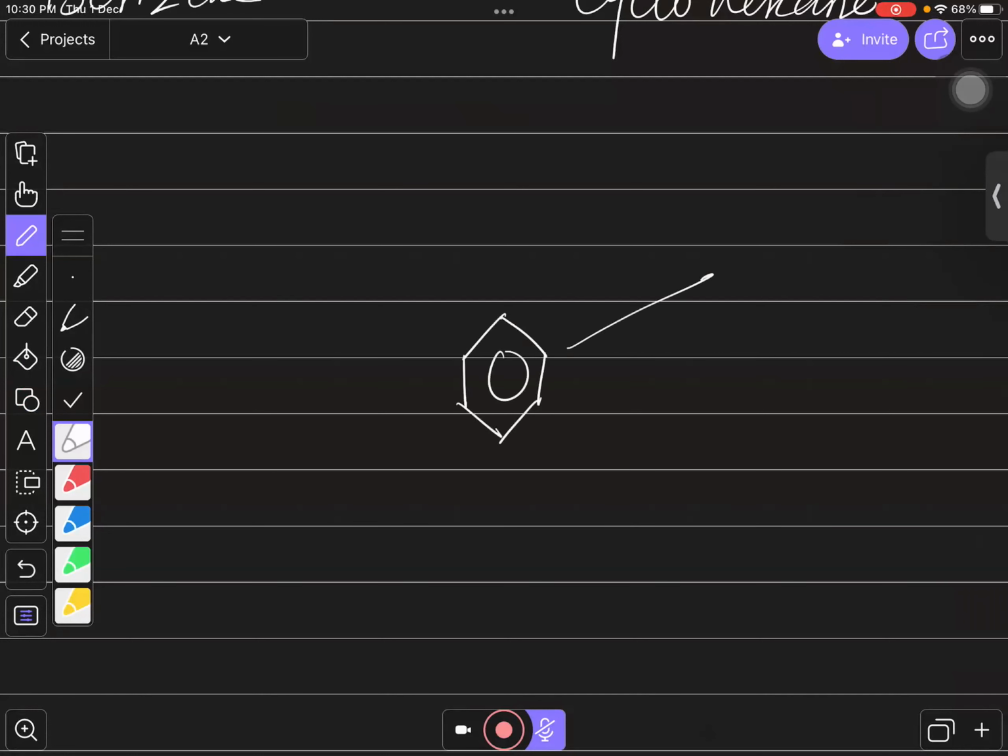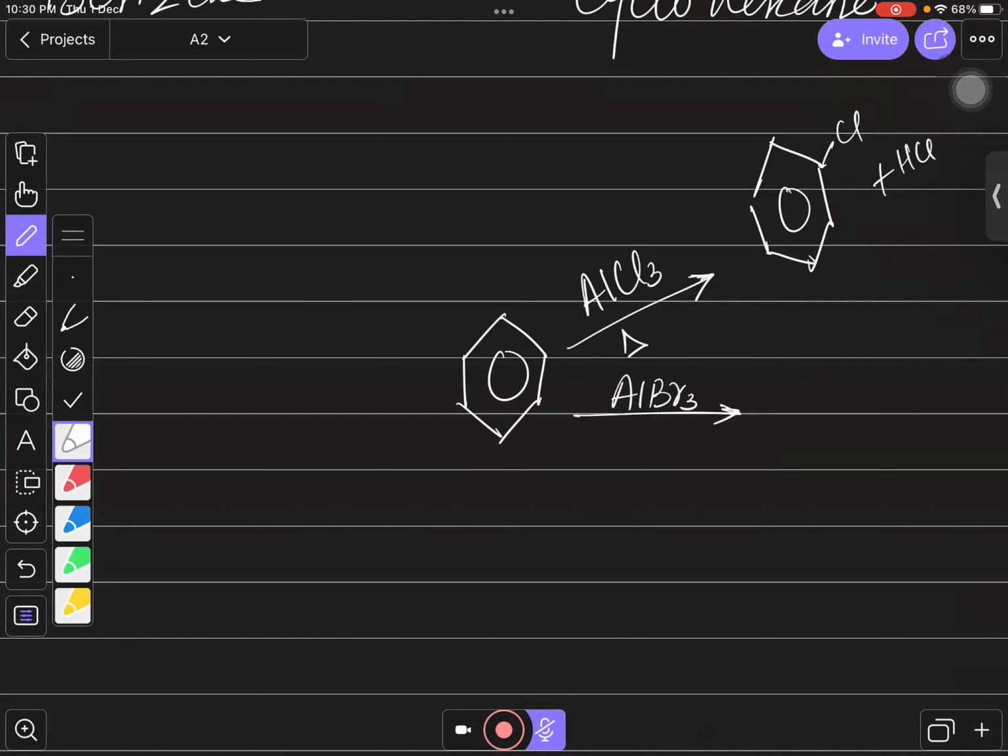If you want to substitute chlorine over there, you must use AlCl3, right? You need to heat over there as well. So you will find that chlorine will substitute on the ring along with HCl, right? If you want to substitute bromine over there, you need to use AlBr3 along with heating. You will find that the bromine will substitute over there and HBr will form, right?